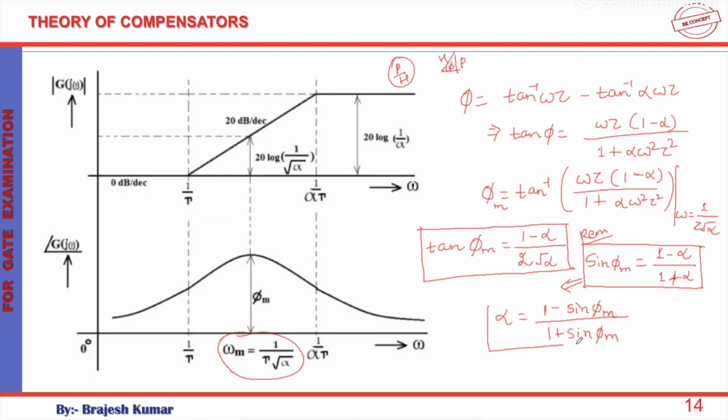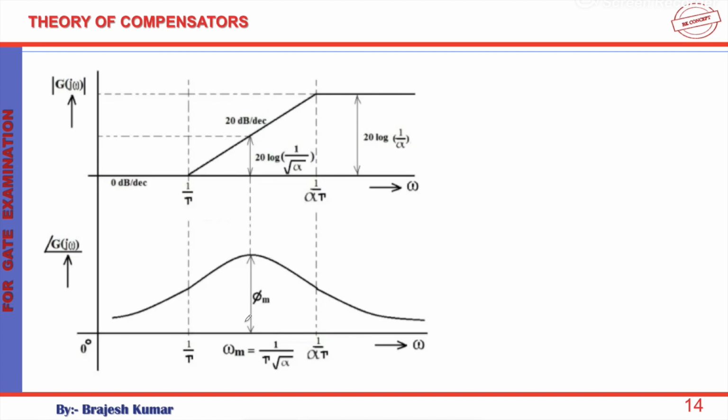So either remember the above formula, or this one. Better to remember this formula only, and you can rearrange. After a little bit of rearrangement, componendo and dividendo, you will be able to get this whole term. Clear?